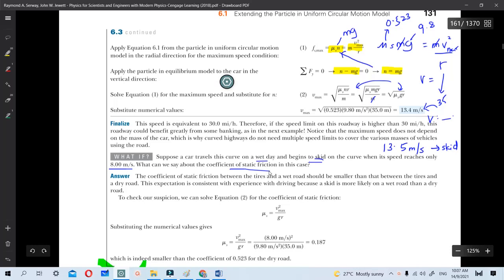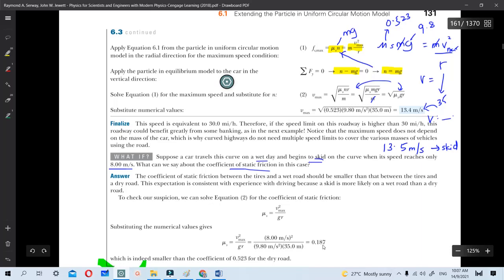Understand? Because the surface now has changed into becoming wet, hence the value of the coefficient changes in this case. So repeat the same process, it's just that the V maximum is now equivalent to 8 and you will arrive with the answer as 0.187.